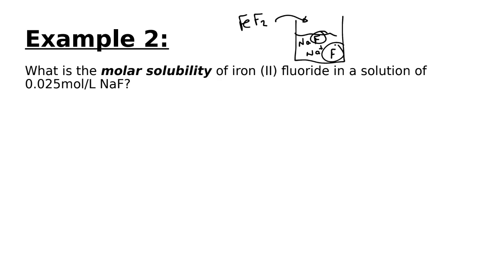So the first thing that we need to do is figure out the concentration of sodium fluoride. We take our common ion substance, and we know that this is going to dissociate in water and form sodium ions and fluoride ions. And we have to figure out what is the concentration of fluoride ions.